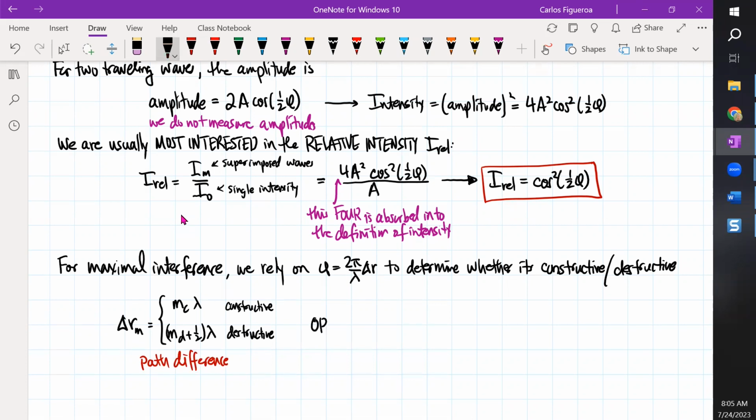Or we could claim that the phase, depending on what we're looking at, is going to be 2 pi mC or 2mD plus 1 times pi. And again, we have constructive where mC and mD have the exact same values.